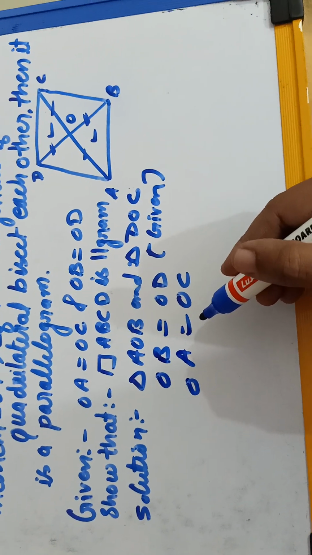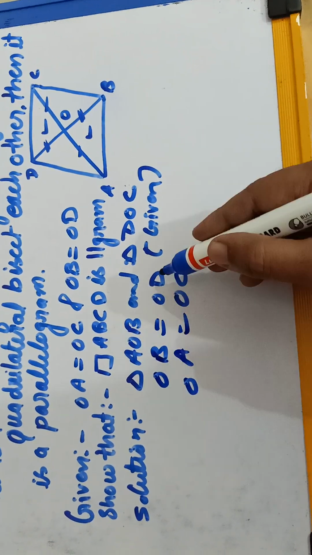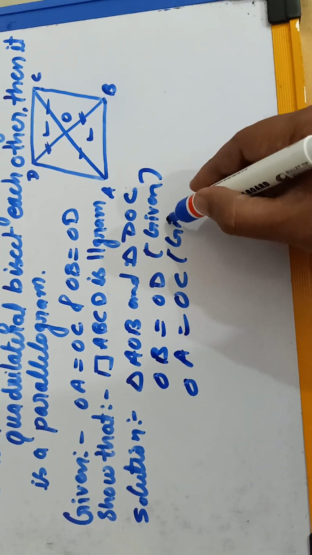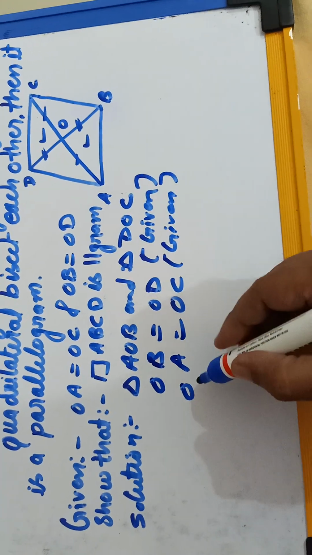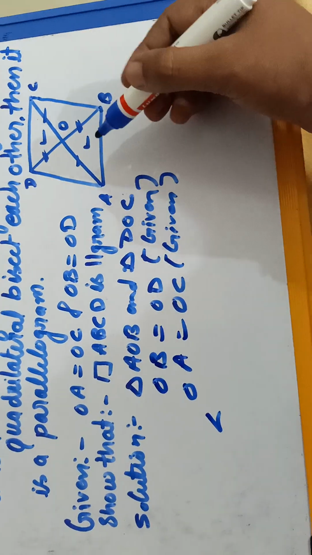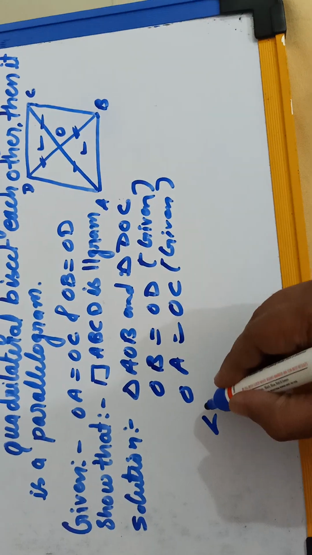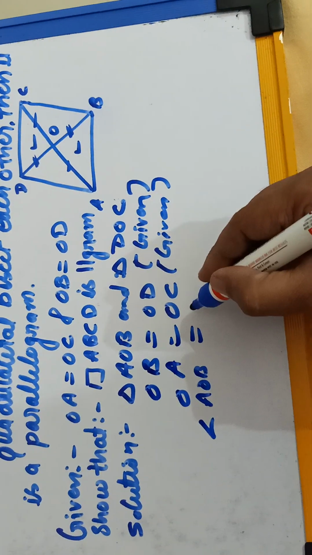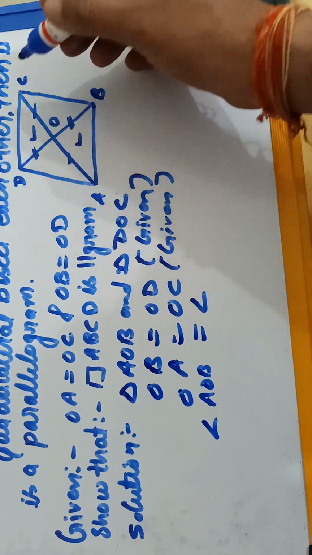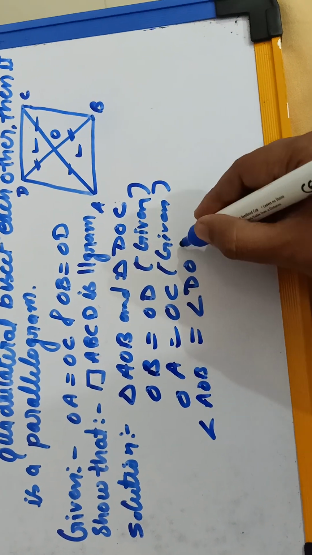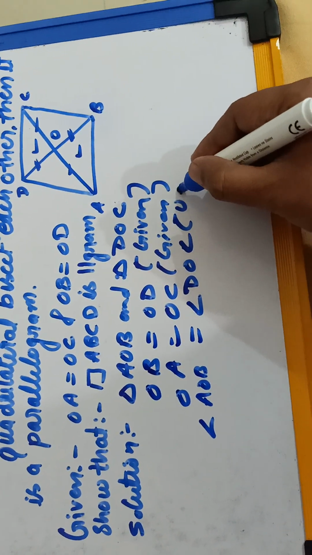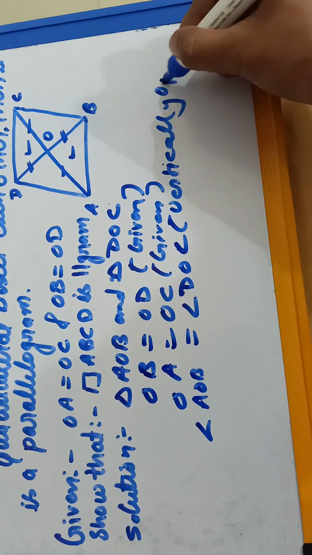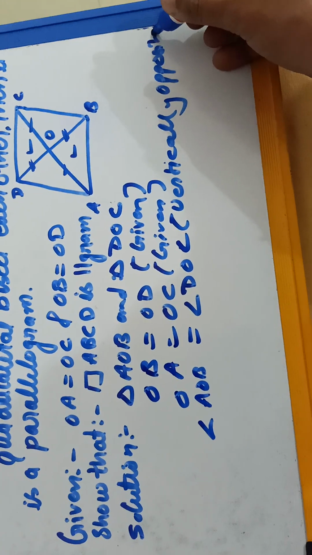Now OB is equal to OD and OA is equal to OC. This is also given to us, and one angle is there after two sides. That angle is angle AOB equal to angle DOC. These are vertically opposite angles.